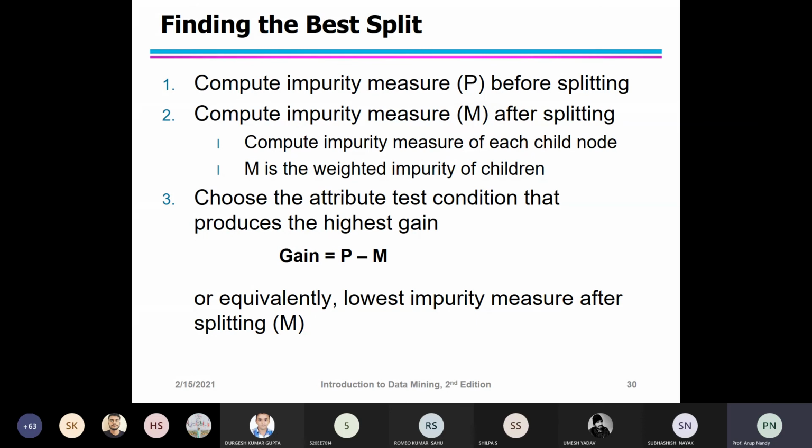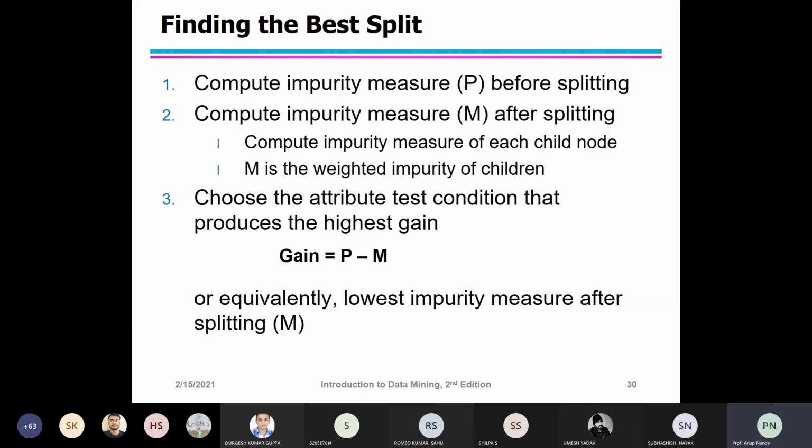So you want to test which test condition is best. In order to determine how well a test condition performs, we need to compare the degree of impurity of the parent node before splitting with the degree of impurity of the child nodes after splitting. The larger the difference, that is the information gain. The larger the difference, the better the test condition.